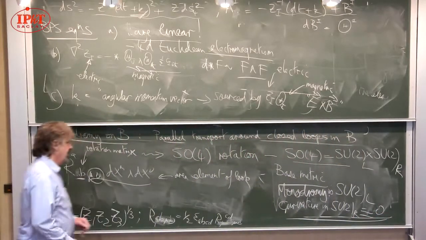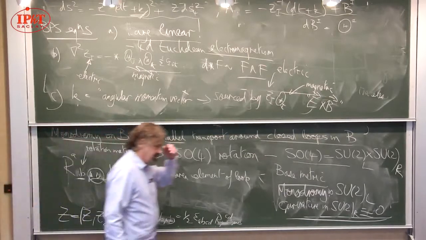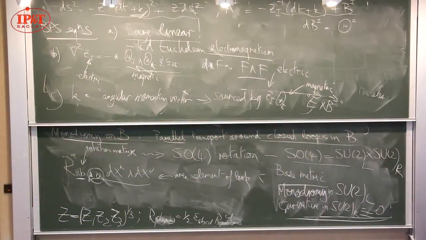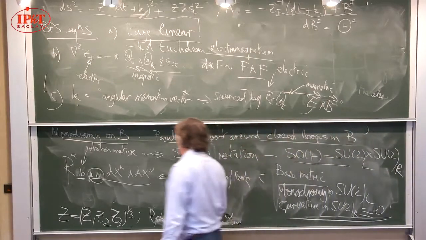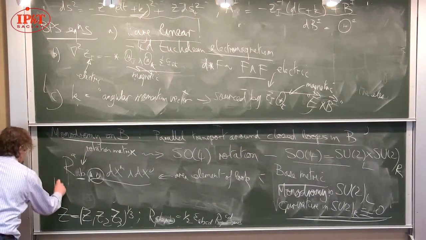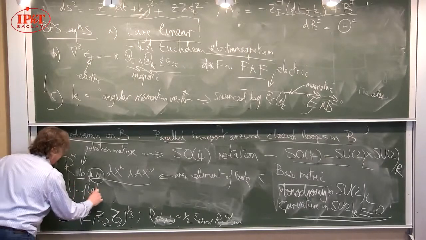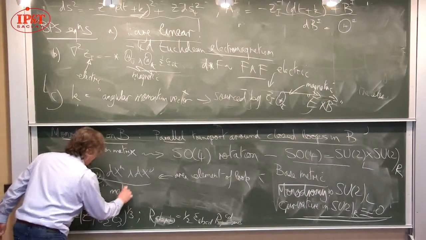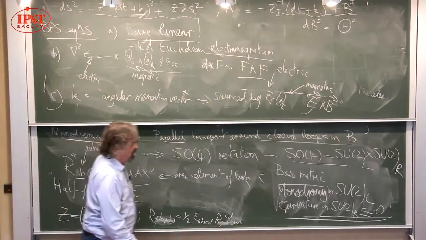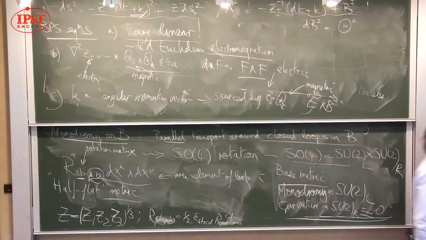So in other words, on a manifold in 4 dimensions that's Euclidean, the monodromy group is SU2 cross SU2, and there are a species of metrics that are sometimes called half-flat metrics. A half-flat metric is defined to be one where only one of the SU2 has non-trivial monodromy, and the other one has trivial monodromy.